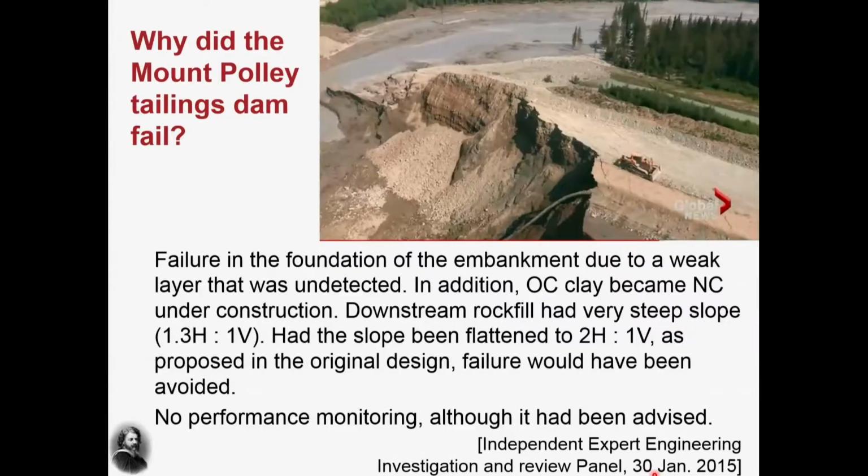The downstream slope for the rockfill was 1.3 horizontal to 1 vertical. Roșia Montana was 3 horizontal to 1 vertical. The expert group said that had the slope been flattened to 2 horizontal to 1, as proposed in the original design, failure would have been avoided. There was no performance monitoring, although that had been recommended.